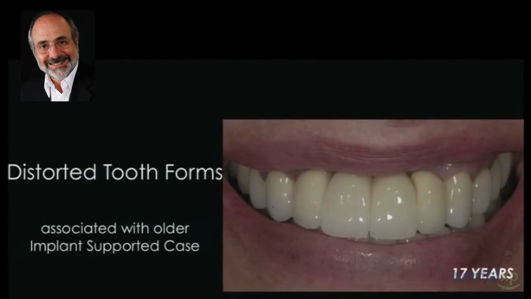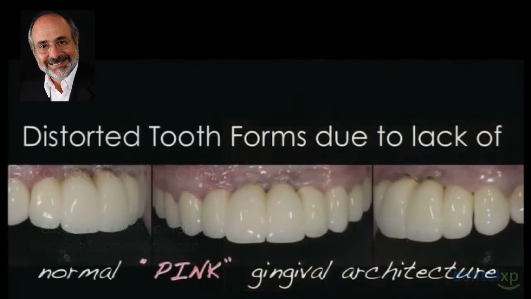But the case is ugly. I mean, anybody here like the case? It's an implant-supported case. What's the problem with it? I mean, we've got distorted tooth forms in the anterior portion of the mouth, and really because we don't have normal pink architecture. This is the problem.